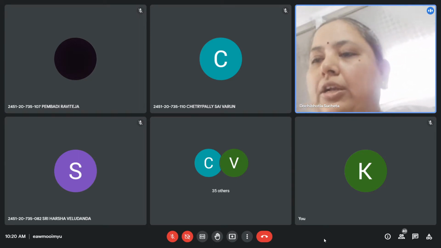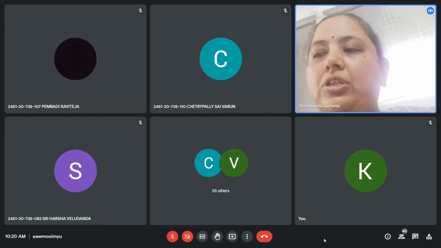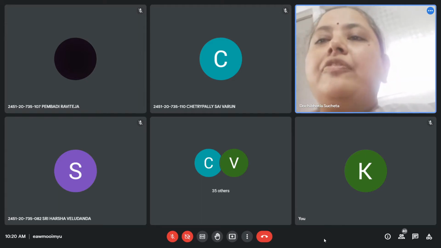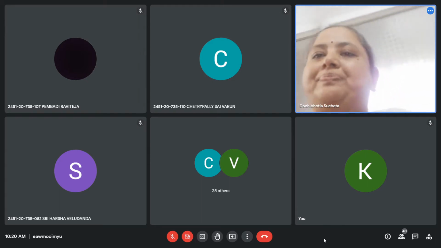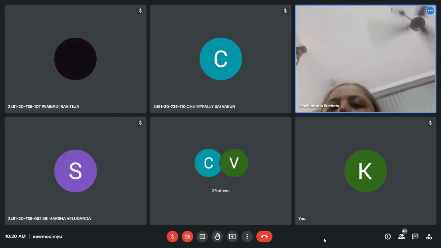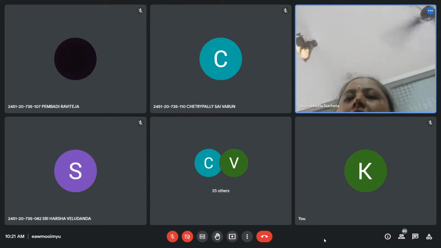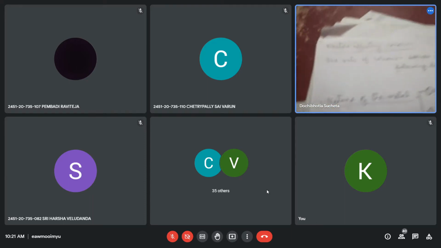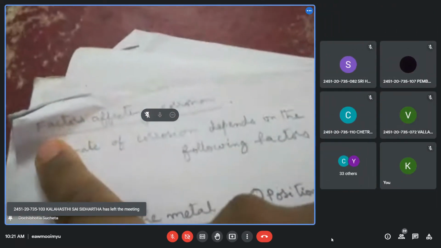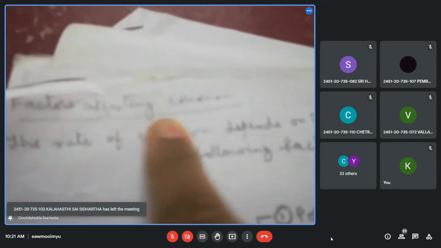Right now, I'll turn the screen and explain the factors affecting corrosion. Turn the screen, and what's the heading? Factors affecting corrosion.